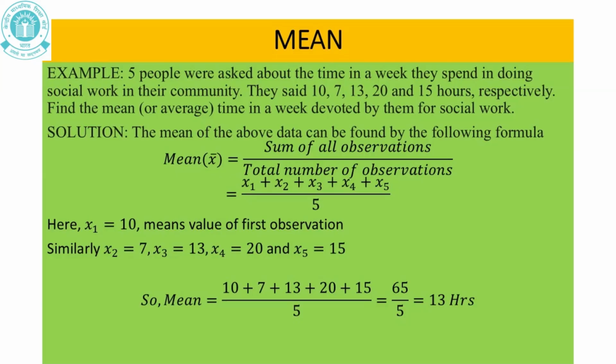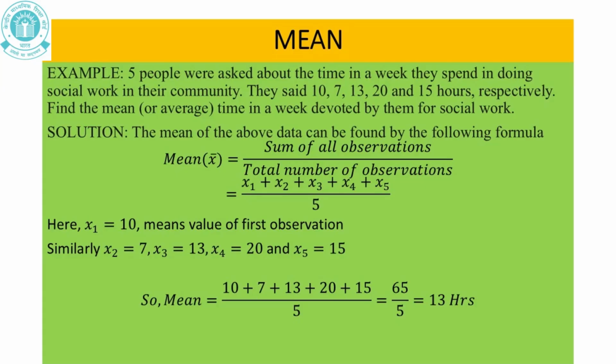The mean of the above data can be found by the following formula. Mean, that is x bar, equals the sum of all observations divided by the total number of observations. That is equal to x1 plus x2 plus x3 plus x4 plus x5 divided by 5. Here, x1 is equal to 10, meaning the value of the first observation.